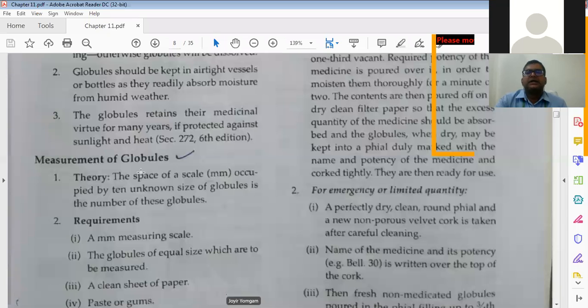This part comes as a short note also, and it is an important question for your short practicals. The examiner may ask for the practical.